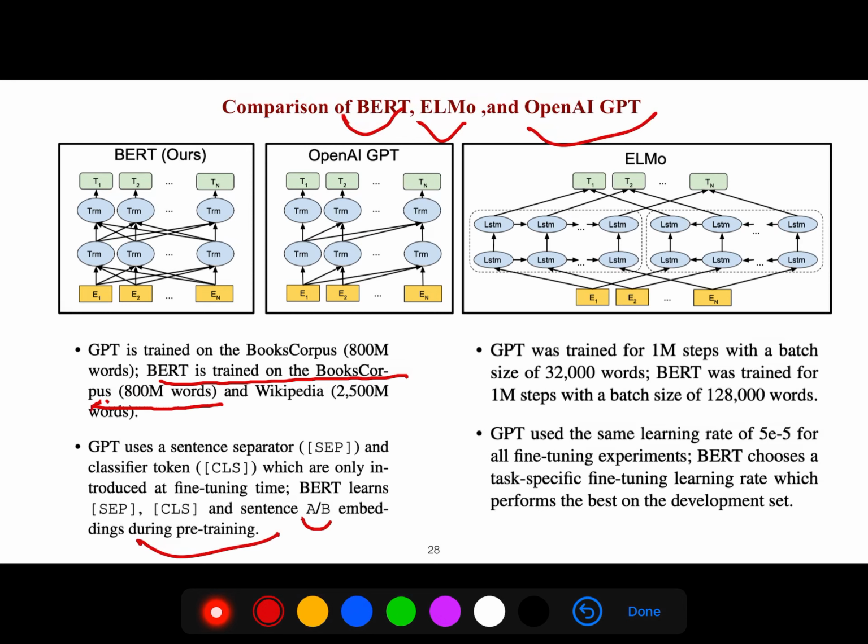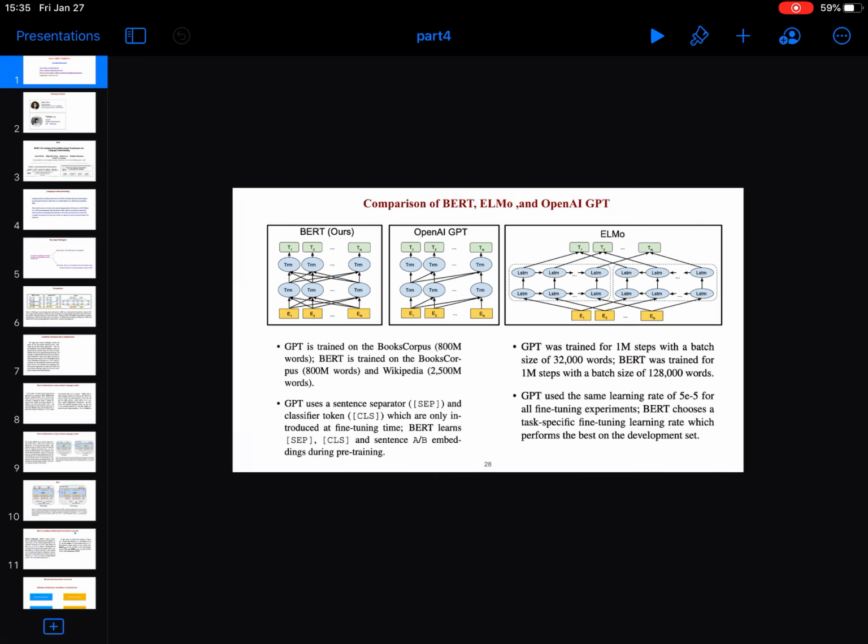GPT was trained for 1 million steps with a batch of 32,000 words. BERT was trained for 1 million steps with a batch size of 128,000 words. GPT used the same learning rate, while BERT chooses a task-specific fine-tuning learning rate, so a slight modification.